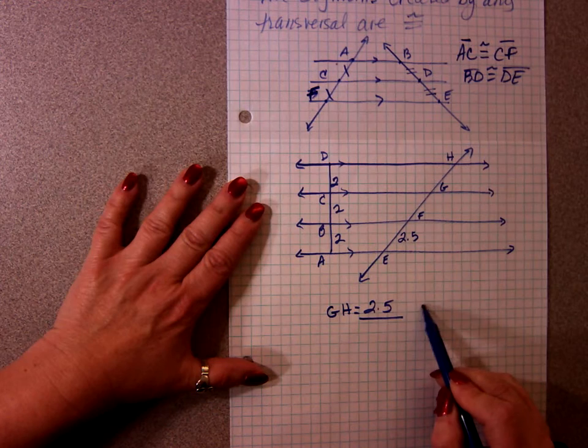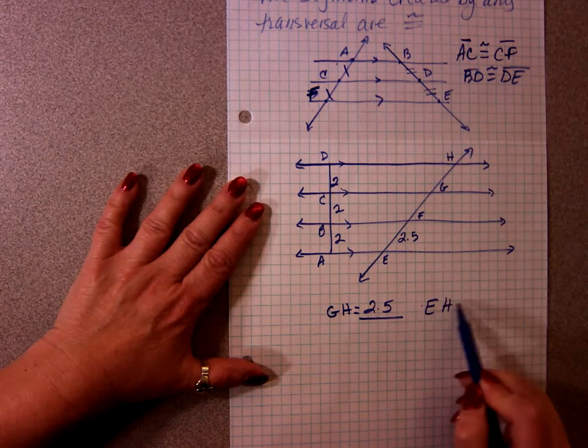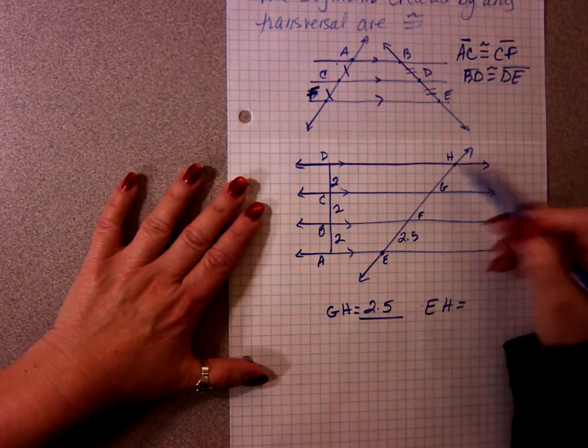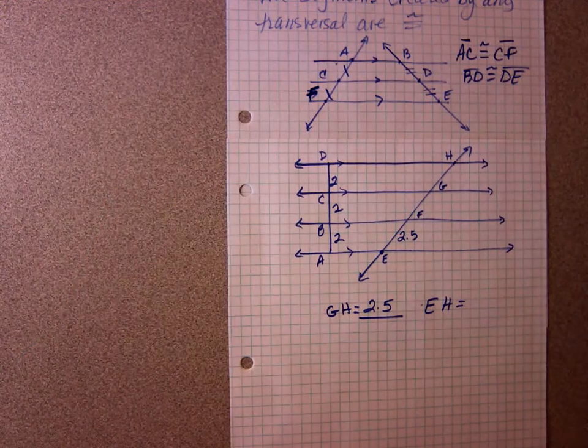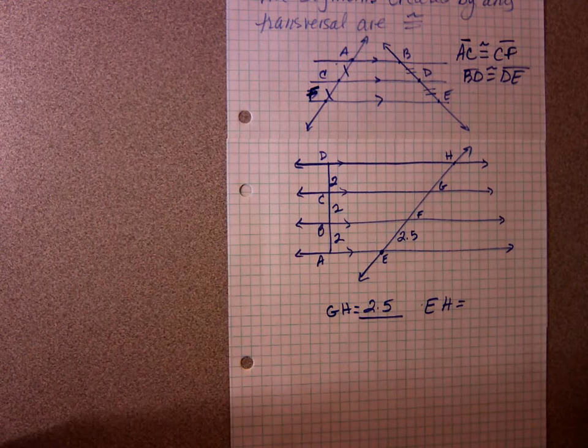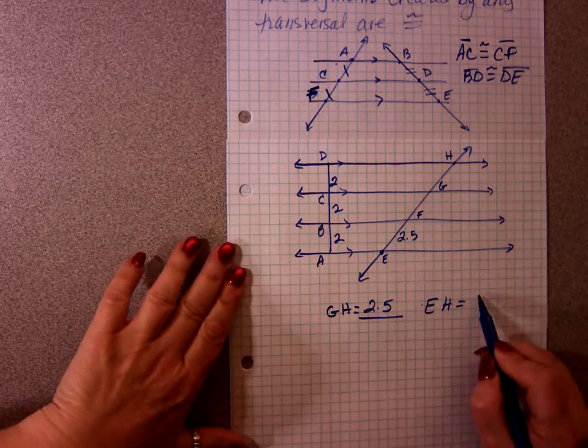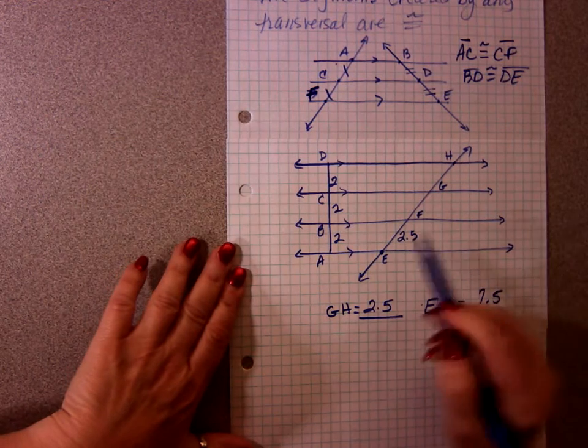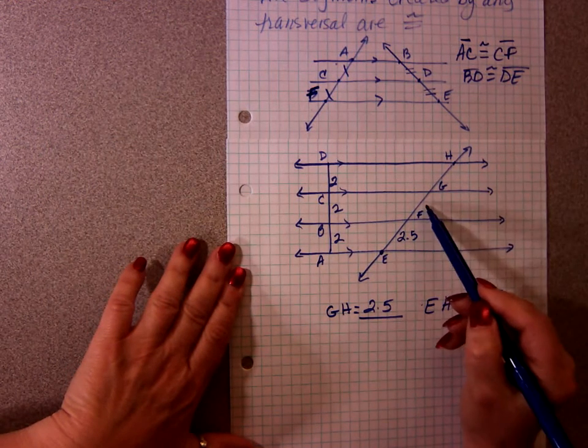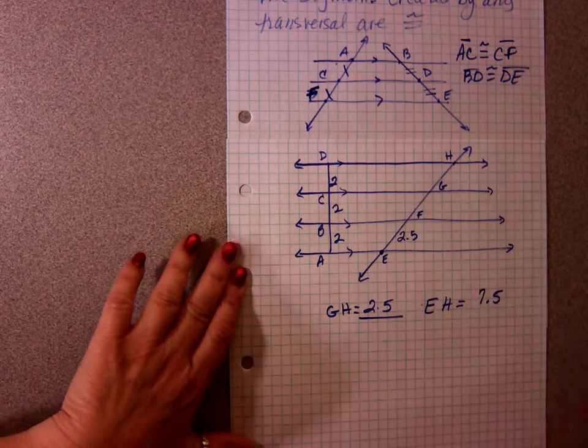What is the length of EH from E to H? Is it 2.5? Is it 5? No. You're right. It's 7.5. This is 2.5 plus this is 2.5 plus this is 2.5.